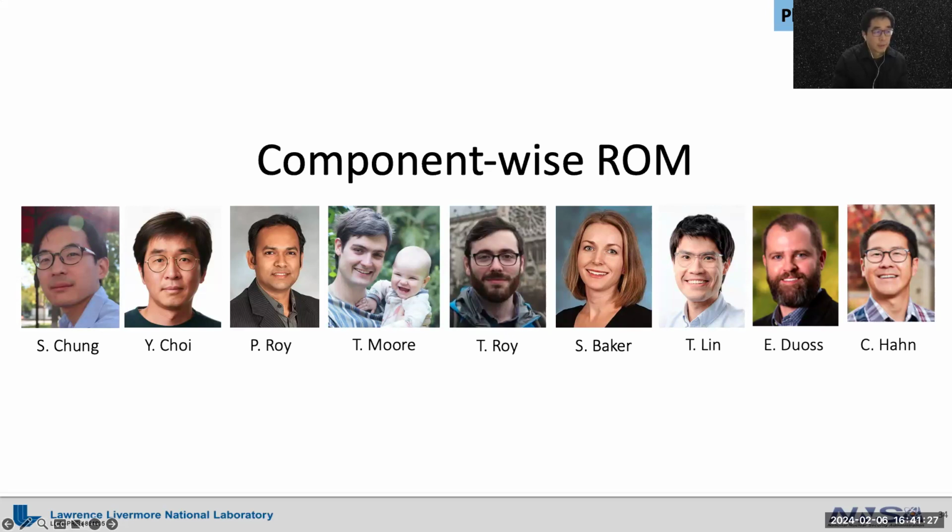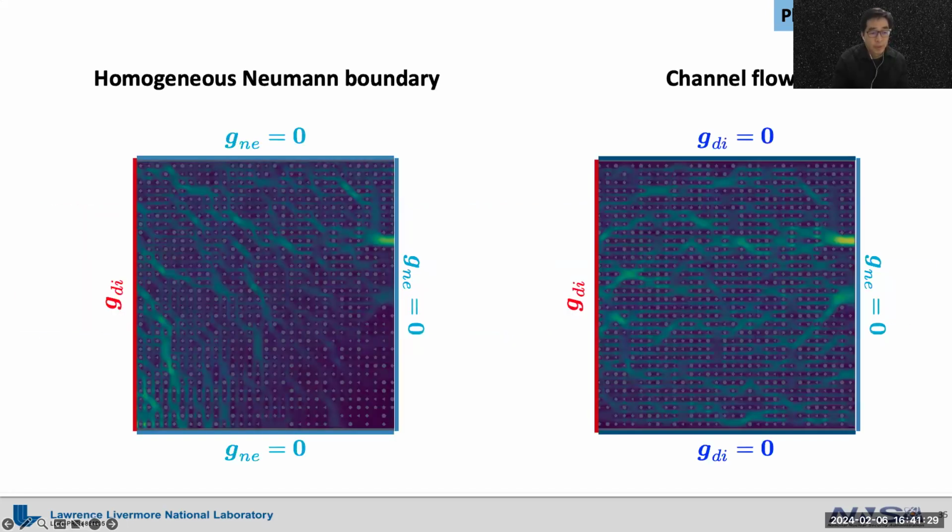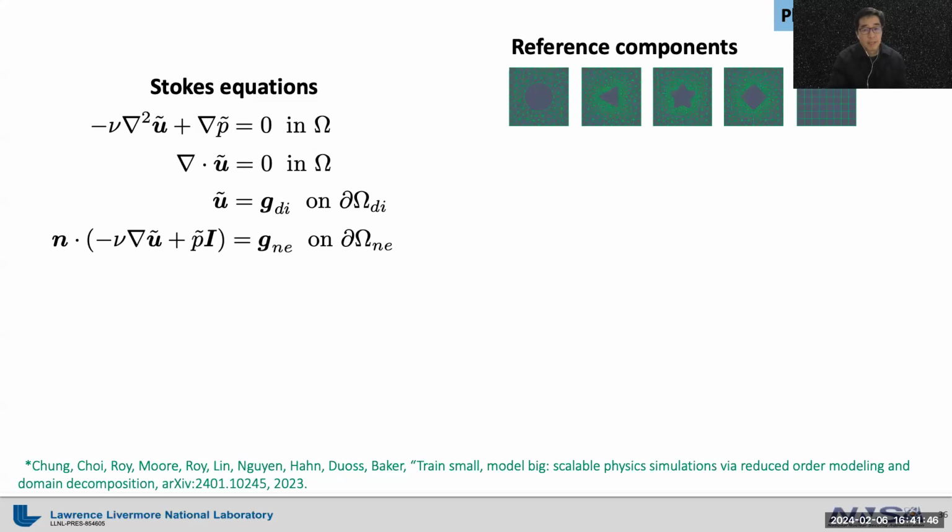That's what I mean by the component-wise reduced model, where you have some repeated domain, just like in porous media simulations, as you can see from these two pictures. Those repeated structures can be identified by reference components, like by changing the shape of the pore from circle, triangle, star, and rectangle, or sometimes you don't have any pore.